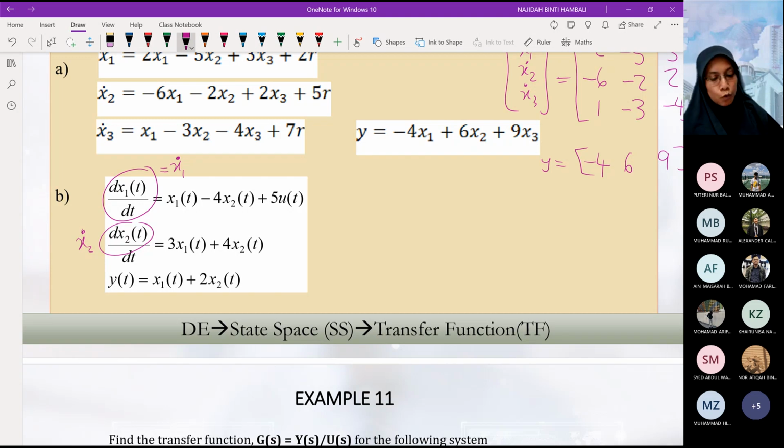If you check the equation. 2 by 2. 2 by 2, because you have two state variables x1 and x2, and you have two derivative state variables x1 dot and x2 dot. Very good, Balkis and Ami. Okay, so you check how many state variables, that will determine the dimension of the matrix.